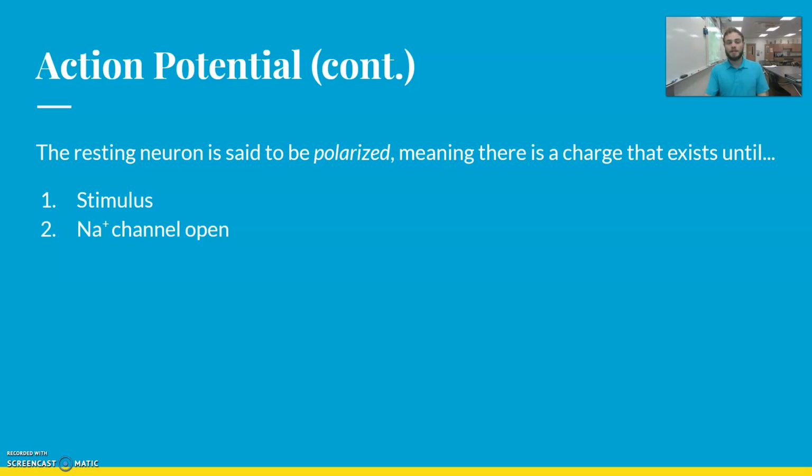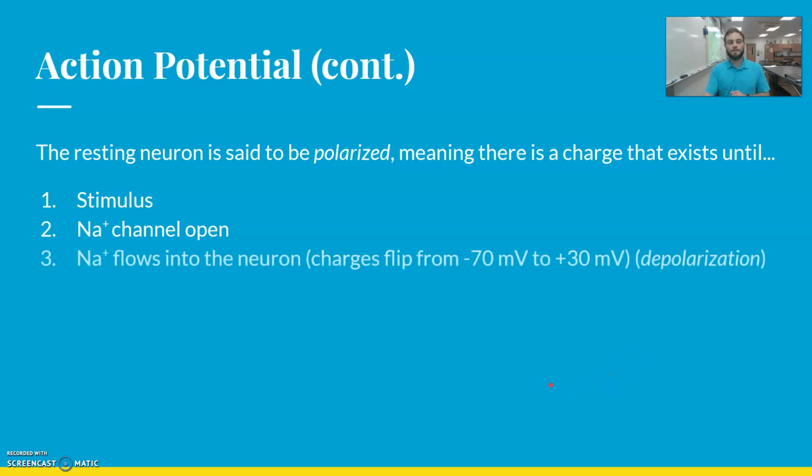That stimulus is going to cause sodium channels on the neuron to open in the area that is receiving that stimulus. So if we're thinking like the thermoreceptors in your skin, only the area where there is a change in temperature, hot or cold, is going to be stimulated, and only those dendrites right there are going to have those sodium channels open.